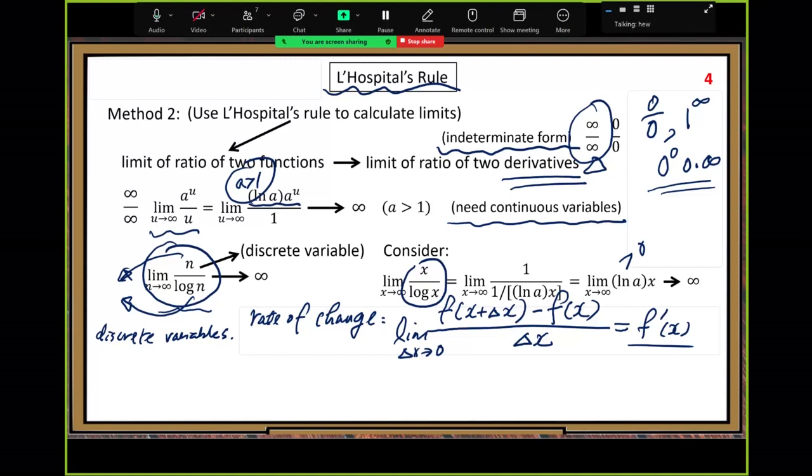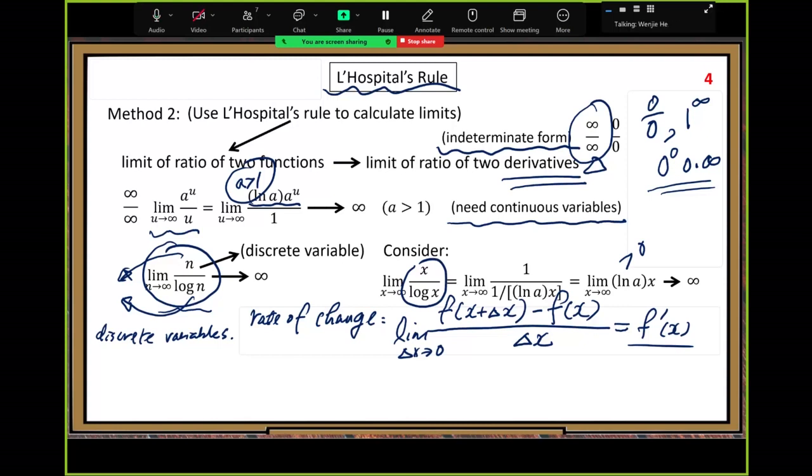I want to let you be aware of one property here. When x approaches infinity, do you know how x approaches infinity? Here we say x approaches infinity. The question is, how does it approach infinity?